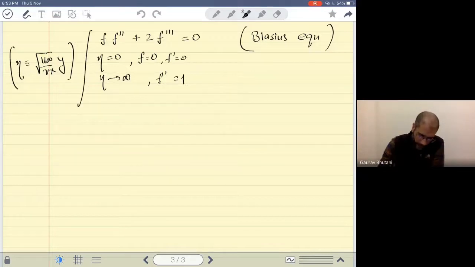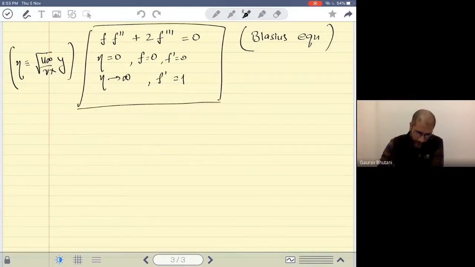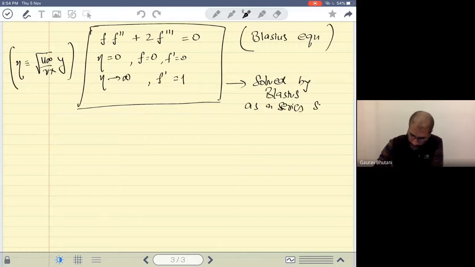So this was the well-posed system that we had to solve, and this in fact was solved by Blasius as a series solution around eta equal to 0.